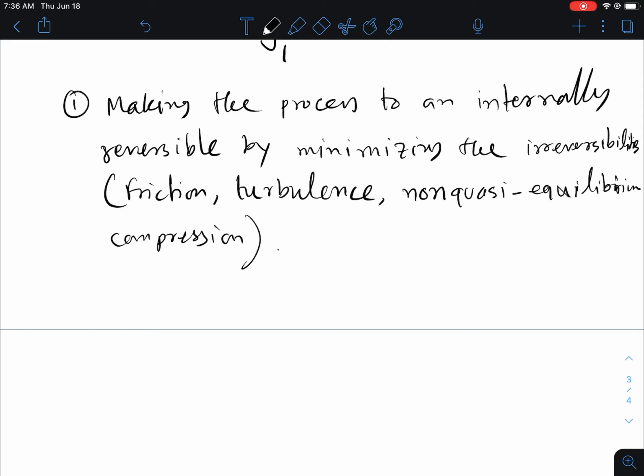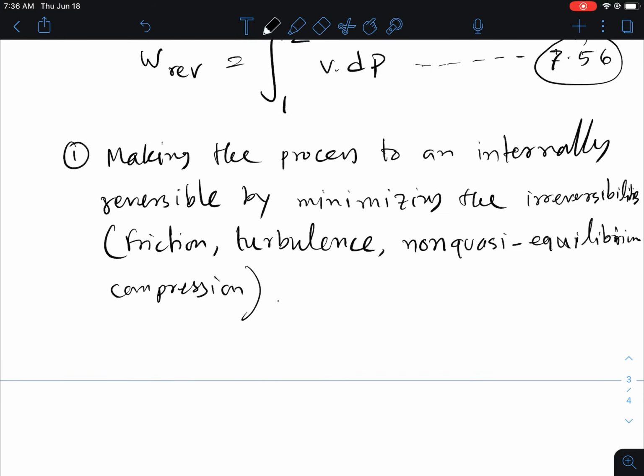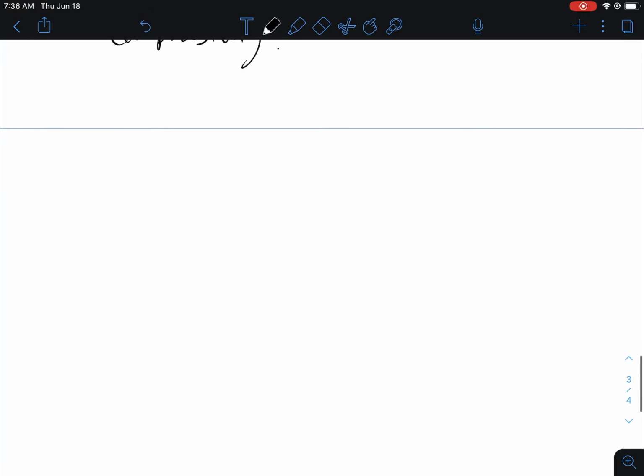So if we can make a compressor that doesn't have friction, or that doesn't have turbulence within the working fluid, then we can reduce or minimize the irreversibilities. If we can minimize the irreversibilities, then definitely we are also contributing to minimum work consumption for that device.